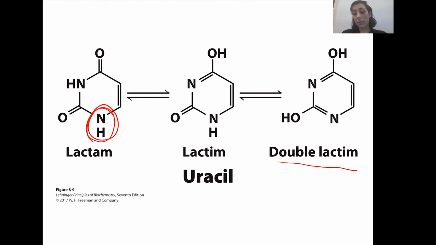So something like a double lactam form is very unlikely, whereas this lactam is slightly more likely, where you have just our carbonyl at the top shifting its hydrogen, but still the lactam form, the form that we have you memorize, is the form that we are likely going to be seeing at a neutral pH. But it's important to know that this is happening because that makes for interesting chemistry that can occur at this portion of our nucleic acids and nucleotides.